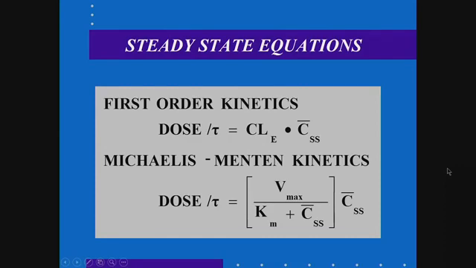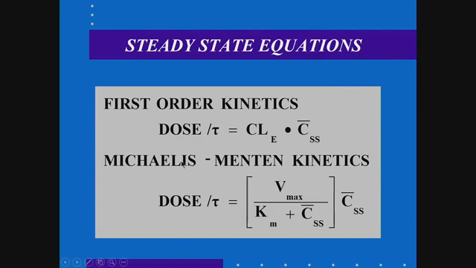So let's look again at our steady state equations. We're giving a drug, if you will, at intervals orally, and this is the equation we described before for drugs that follow first order kinetics: clearance of elimination times the mean steady state concentration.